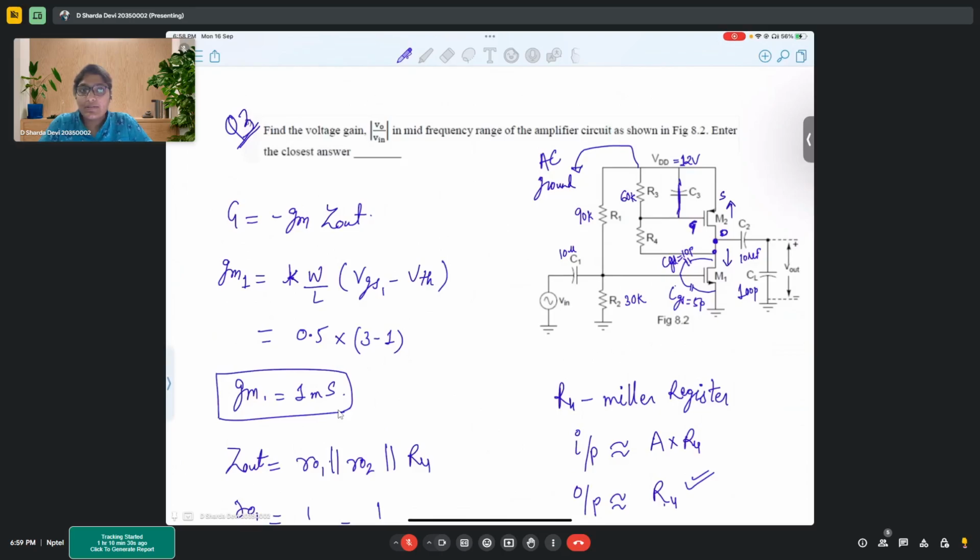But there might be cases where, let's say, there is one transistor above M2, say M3, and we have a Miller capacitance or Miller resistance over there. What will we consider as the input side and what as the output side in that case? It depends on the path you are taking, and based on that it will be considered.